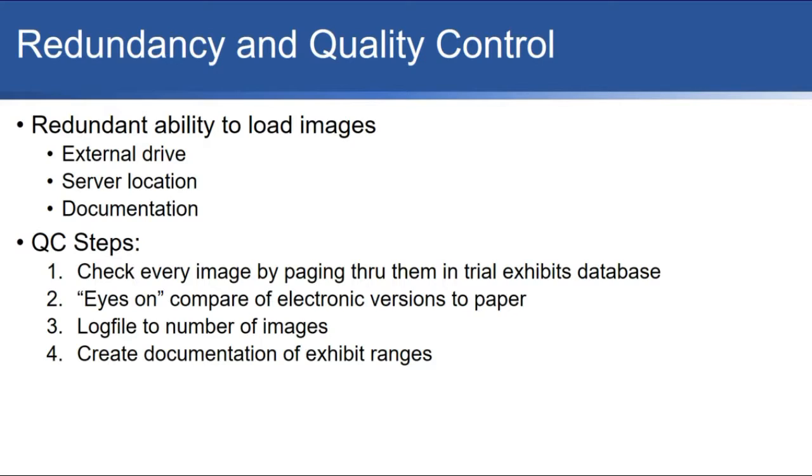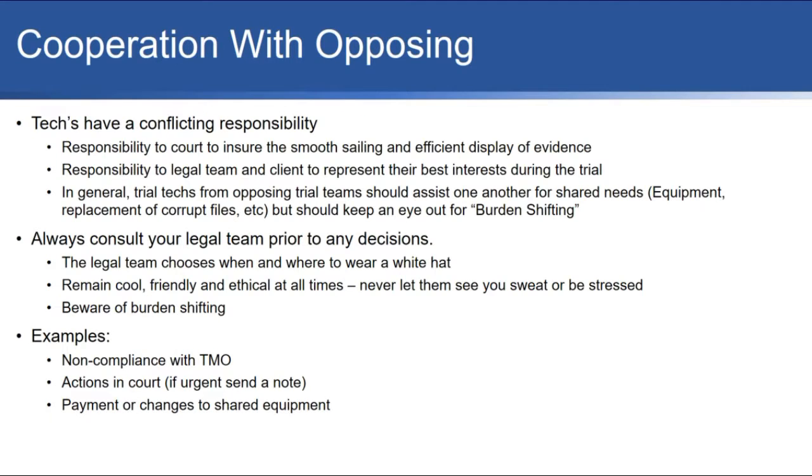You should consider an eyes-on compare of electronic versions to paper, meaning someone looks at the paper and looks at the database record and just verifies that they're the same. The log file to number of images is just making sure that the number of lines matches the number of images, and create documentation of exhibit ranges.